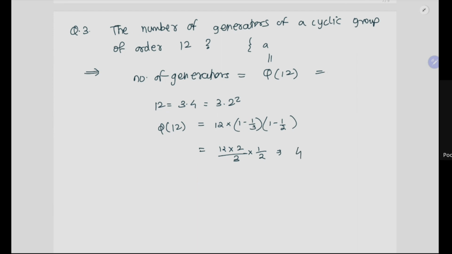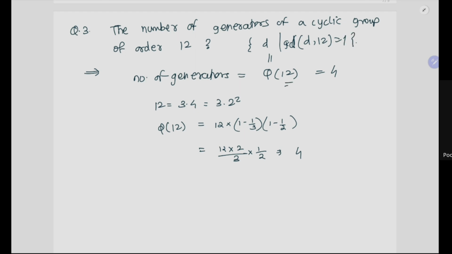I mean, the GCD of, just a second. Yes, it is 4. Yeah, the number of d such that GCD of d and 12 is 1.